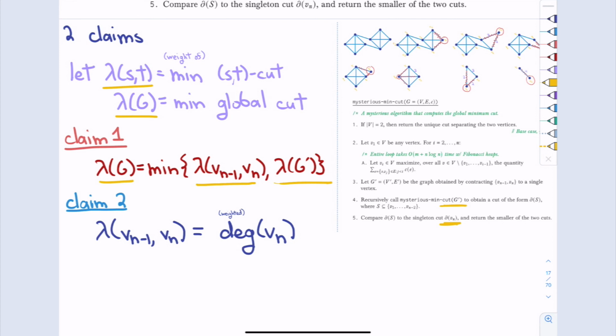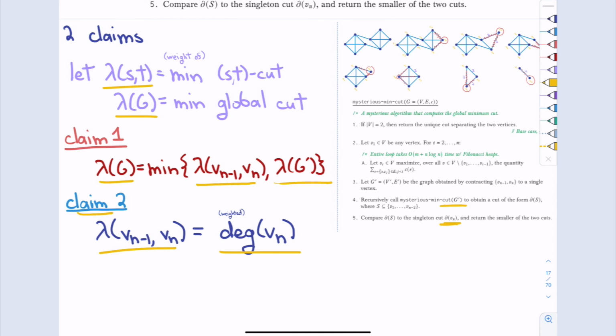The other claim is that for this particular ordering, the connectivity between those last two vertices is equal to the weighted degree of the last vertex. This all works for weighted graphs, so my example is unweighted.